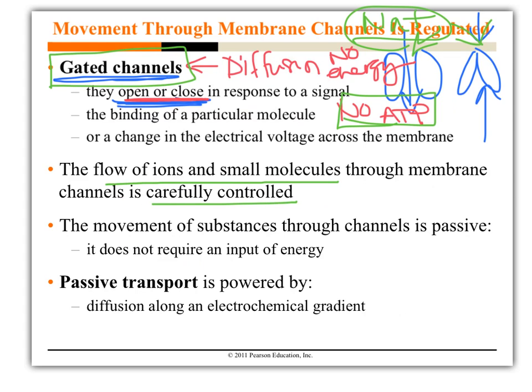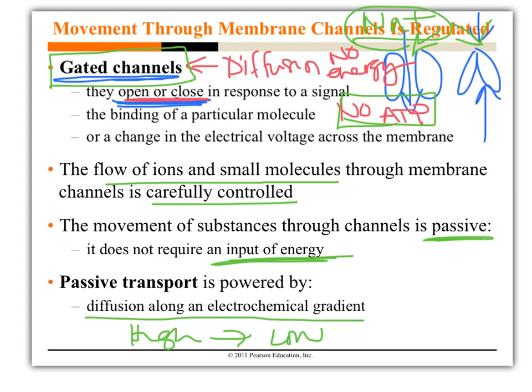Okay? So we call that facilitated diffusion. It's helped by something, a gated channel, right? In this case. So again, it's still passive, no energy. It's powered by this electrochemical gradient from high to low diffusion. It's just sometimes we can block it from going through because it's not just a hole, right? If it was just a hole that was unclosable, it would just flow on the concentration gradient as it would.